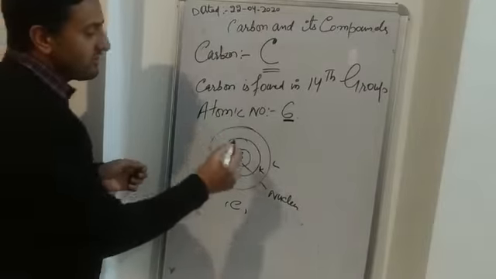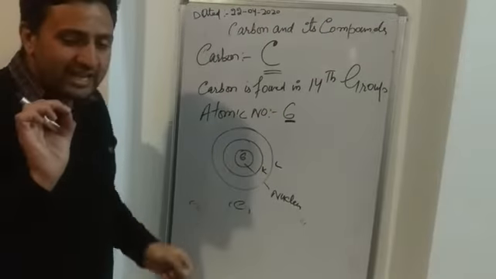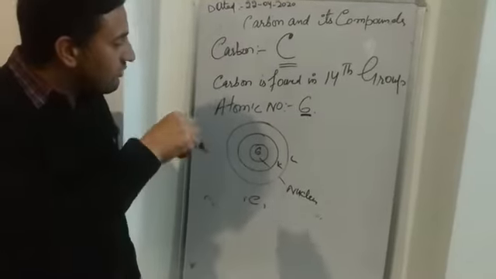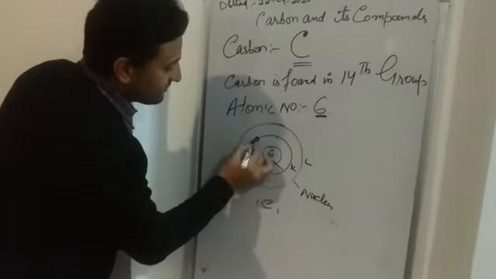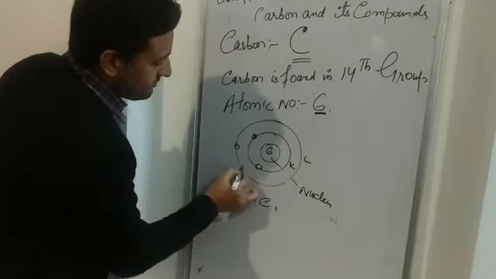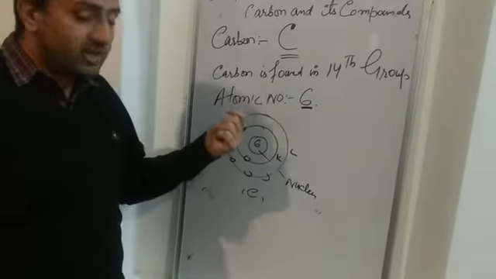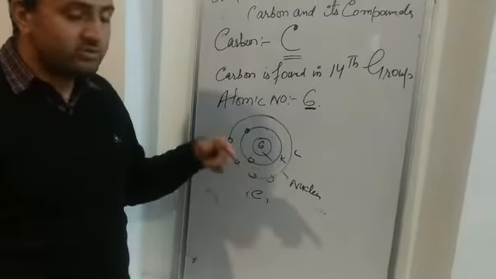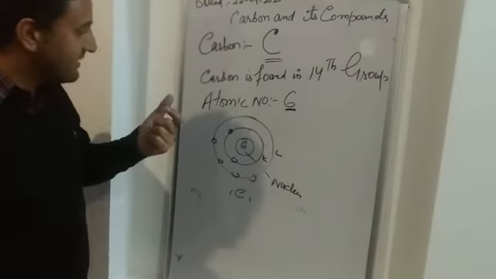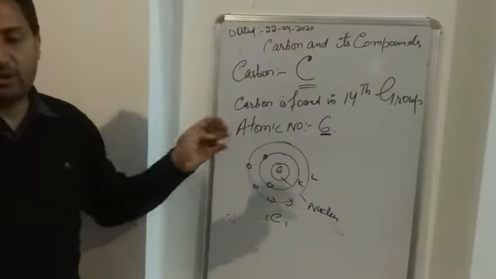The number of electrons, those negatively charged particles which revolve around the nucleus, is also 6. Protons are also 6.